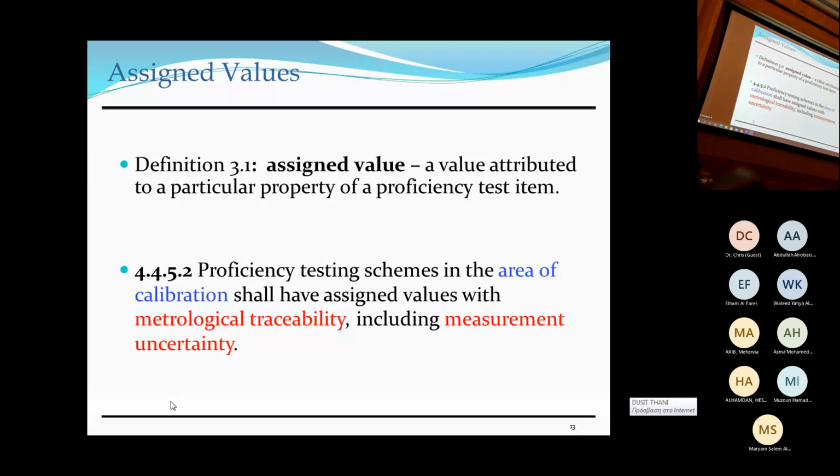The assigned value is actually what the participants are judged against. It usually is a reference value. In calibration, this reference value has to have metrological traceability, and it has to be associated with a measurement uncertainty.